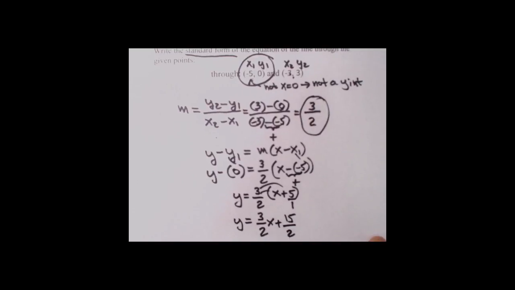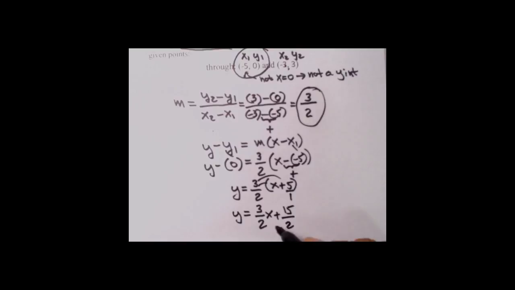Well, we want to move the x over to this side, but one of the things we also want is to get rid of the fractions. In the standard form, they don't like to have fractions. So you can see the LCD is going to equal 2 here. So what I'm going to do is multiply each and every term on both sides by 2.